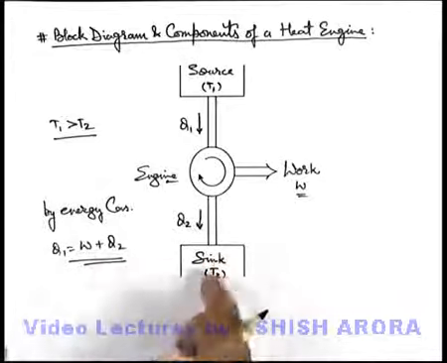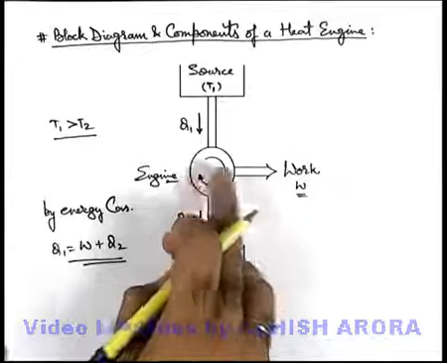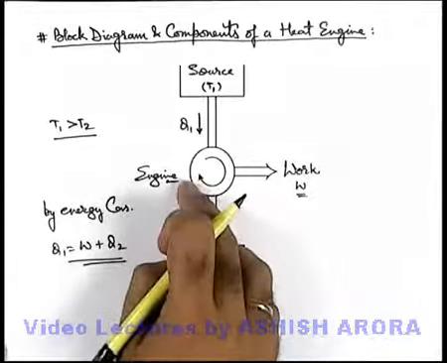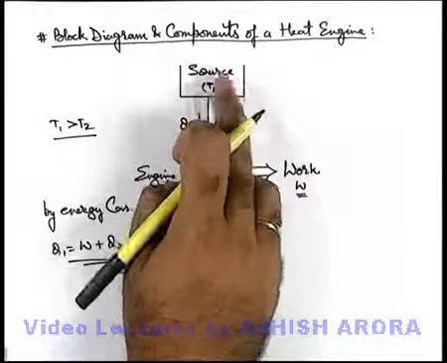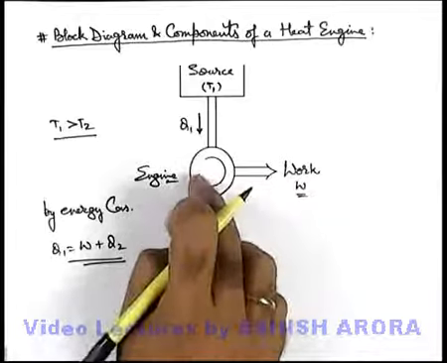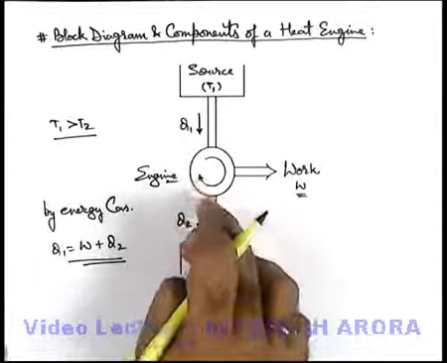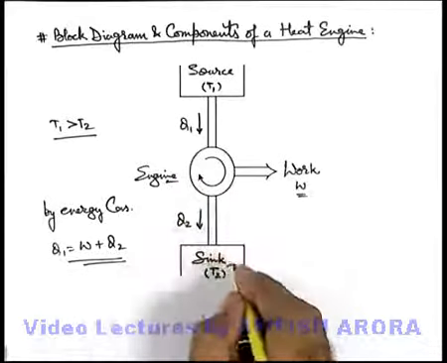So these are the three components of a heat engine. One is the engine, in which working substance is taken and a cycle is processed, and there is a zone which is named as source from where heat is supplied to the engine. And in the cyclic process, when the working substance undergoes a cycle, some amount of heat is rejected to a zone which is termed as sink.